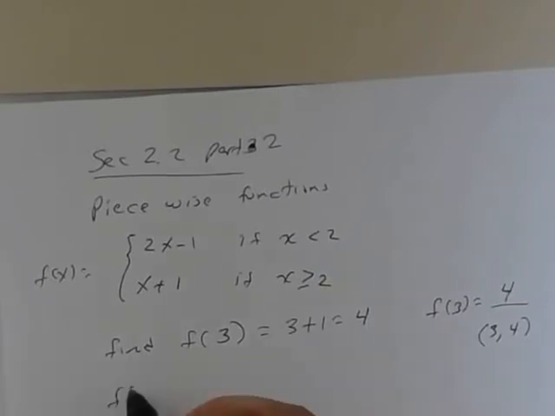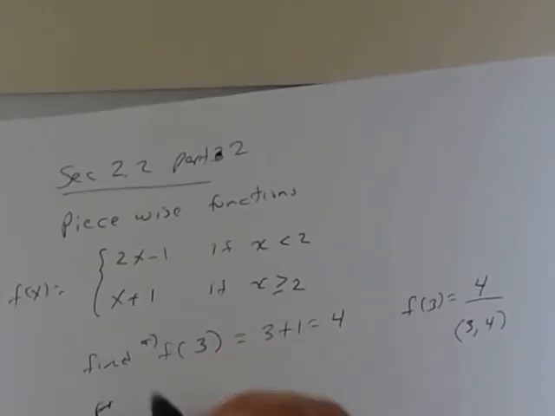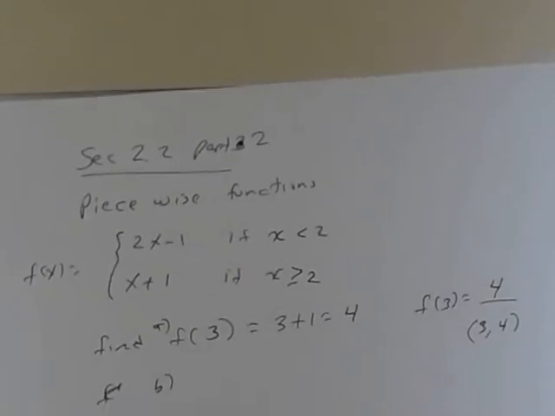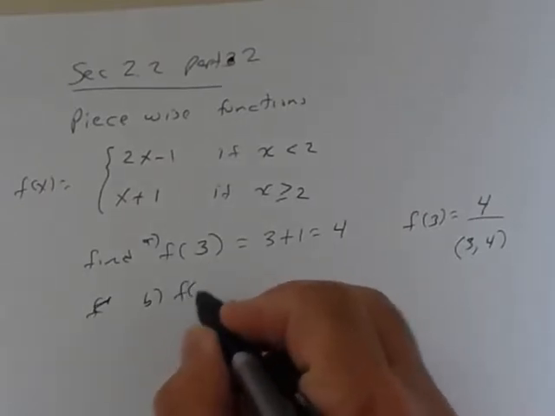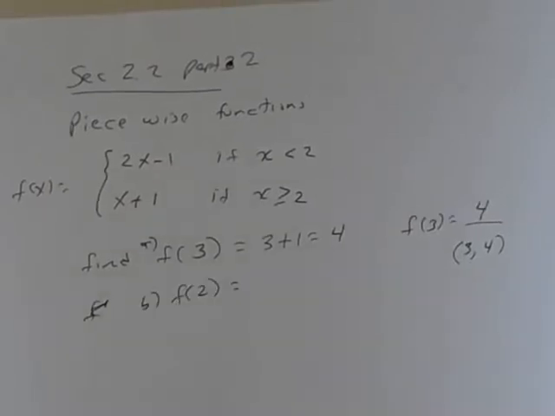All right, what about this? Suppose you want to find, let's say this is A, let's do B here. Let's say B is f of 2. Now, don't let that confuse you. So which function am I going to use? The top or the bottom and why? The bottom. Why the bottom one? Because of the equal to. You're not going to use the top one because that says my values have to be less than 2.